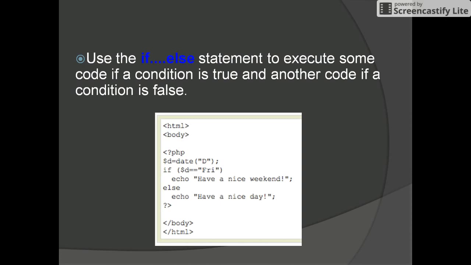Then we can have a condition when we have more than one condition. For example, if it is Friday, we need to print have a nice weekend. But if it is not Friday or any other day, we just want to print have a nice day, then we can write in this format, with the combination of if else.